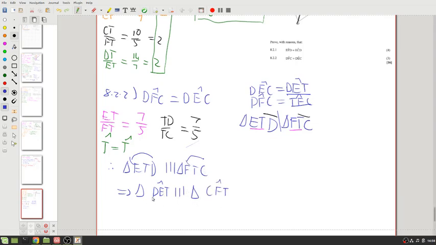Alright, and then we've proven these angles, angle E and angle F, are the same. Perfect. So yeah, that is fine. So those two triangles are similar, which means that angle DEF, if we want to write it properly, is equal to CFT. That's it. So that's actually what we want to prove, that these angles are the same, angle E and angle F.